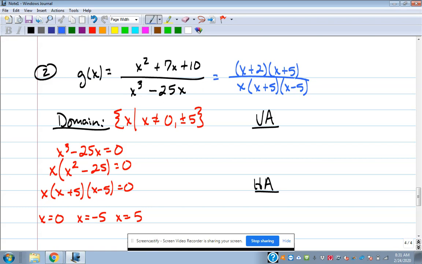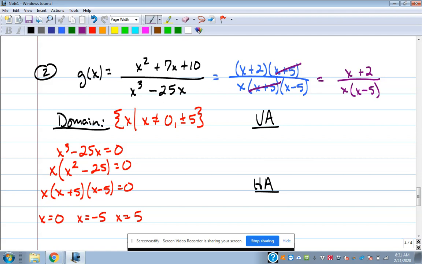Now what happens? The plus 5s cancel out. So the simplified version has x plus 2 over x times x minus 5. I'm not multiplying that back out. I don't see a need in doing that.